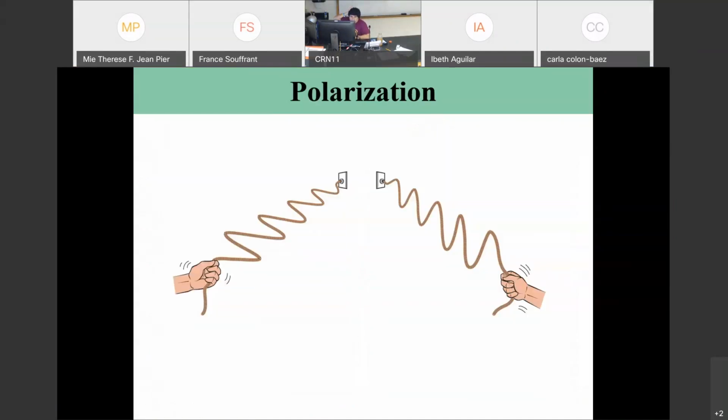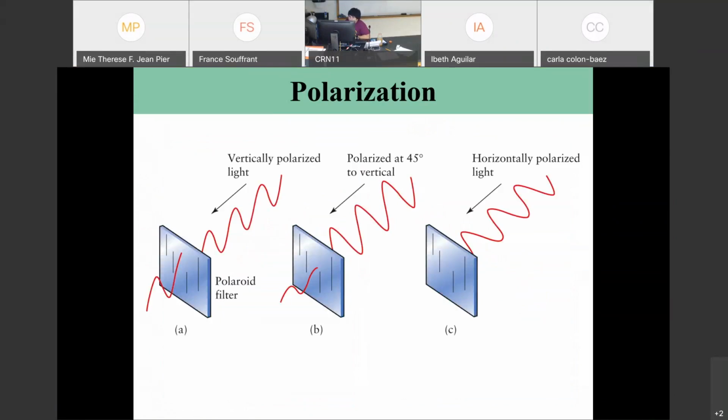The other thing that we know from electromagnetic waves, guys, is polarization. Polarization is the idea of light changing its direction because of going through, in some cases an analyzer, in some cases a polarizer.